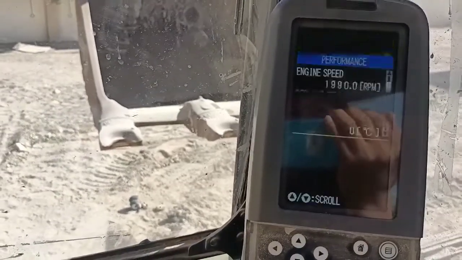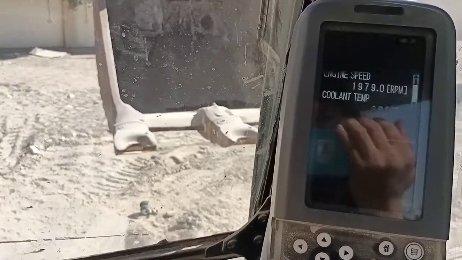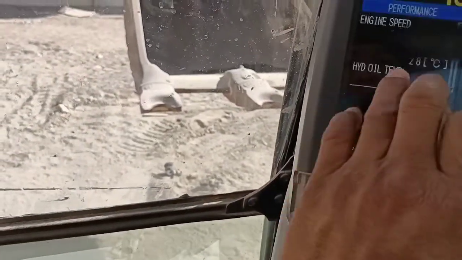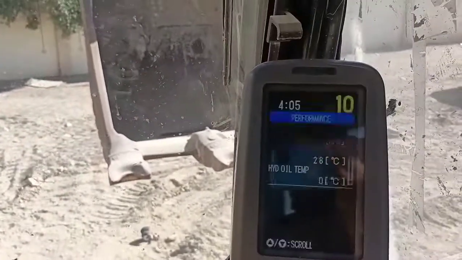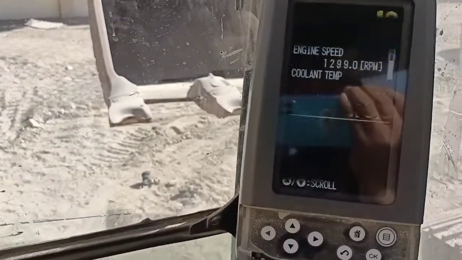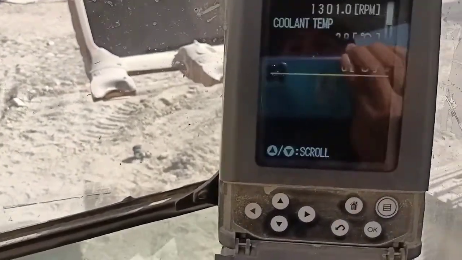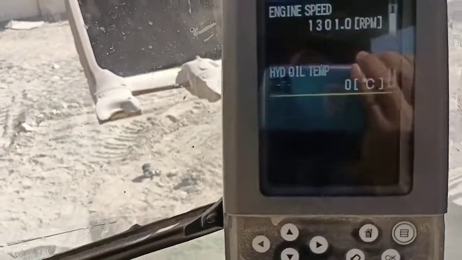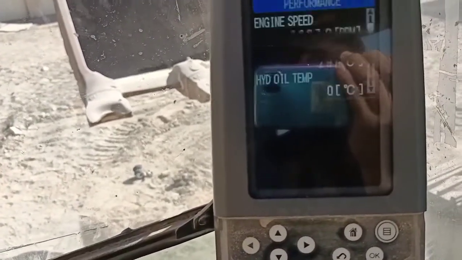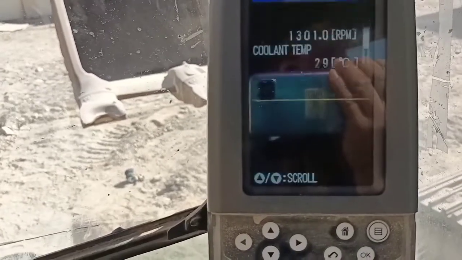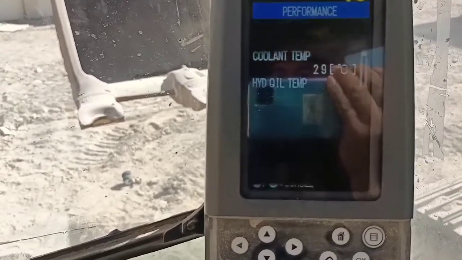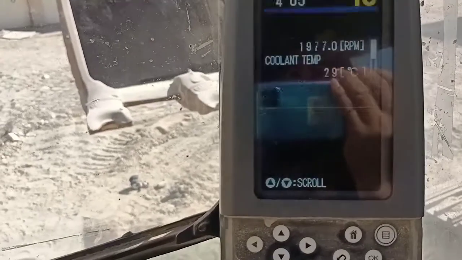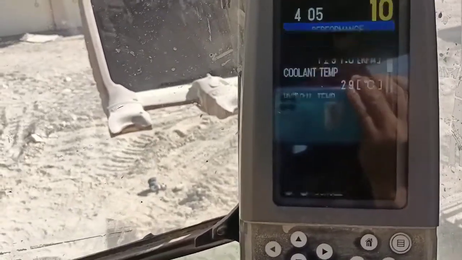But again, I would like to remind you, the hydraulic temperature must reach not less than 40 degrees Celsius, or else your way of testing or observing which one is low power will be useless.